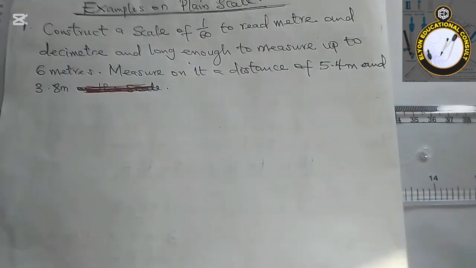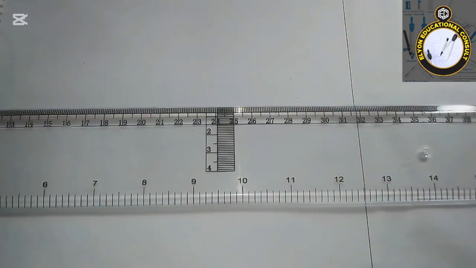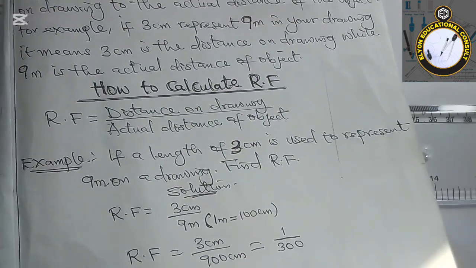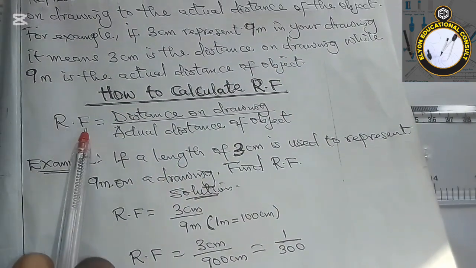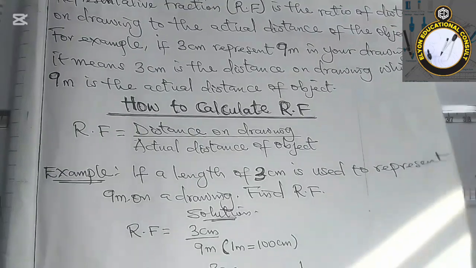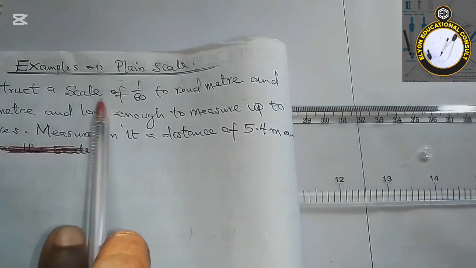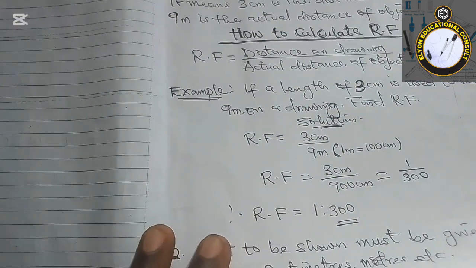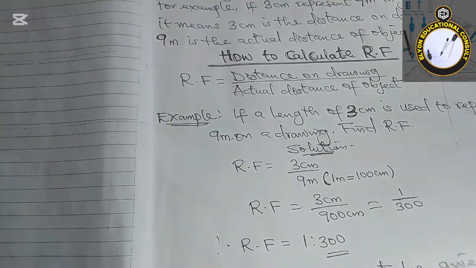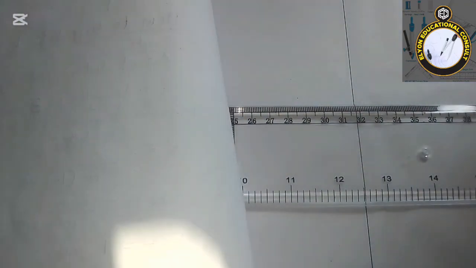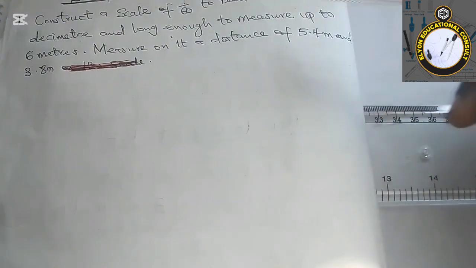The other things you need to know from the previous video I did, we have to get the representative fraction, and in this question the representative fraction is given to us as 1:60. So we know that the units to be shown on the scale are meters and decimeters.